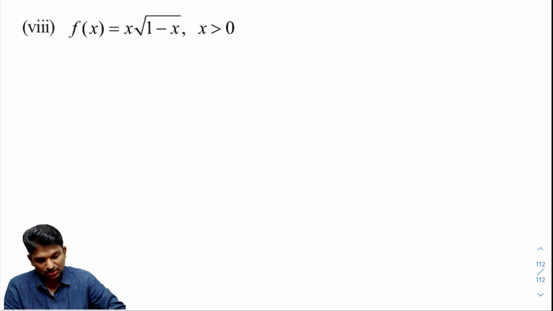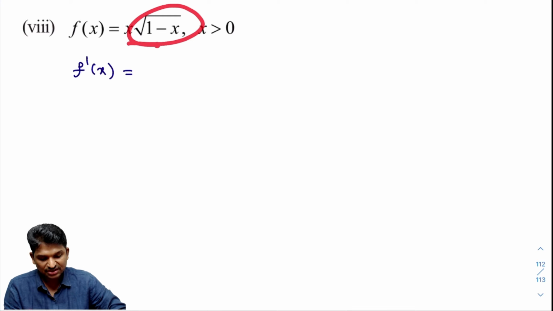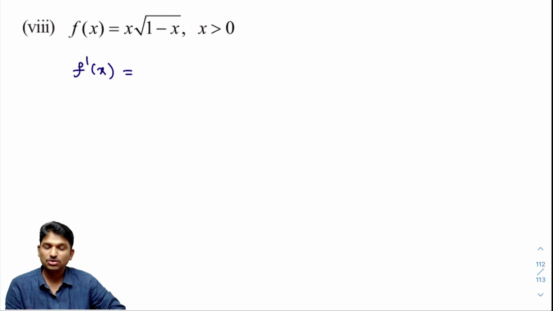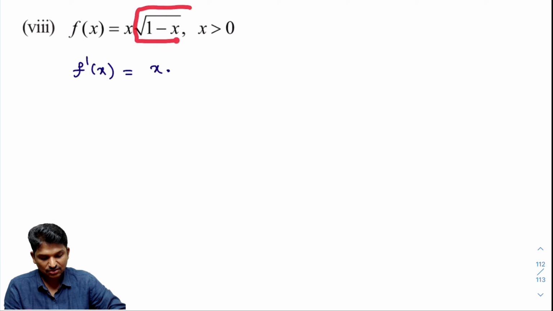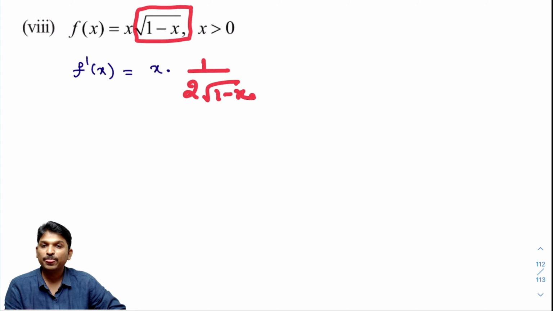Now I'll calculate f dash of x. How to calculate f dash of x? See here, you just use the product rule, u v. x into the derivative of root over 1 minus x. Derivative of this is 1 divided by 2 into root over 1 minus x, into the derivative of 1 minus x, which is minus 1.